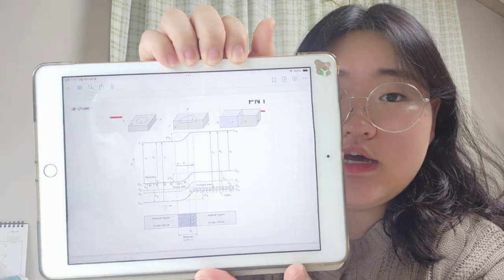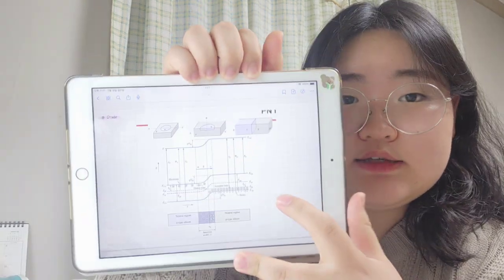When we put a p-type semiconductor and an n-type semiconductor in contact, we can make a diode. A diode is a device which makes the current flow in one direction. This is the energy band of the diode.